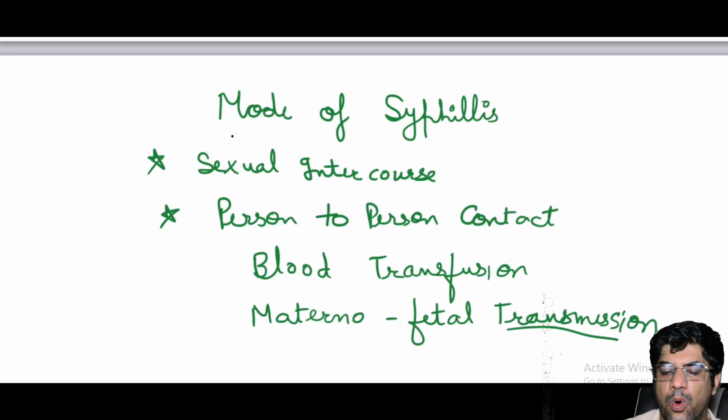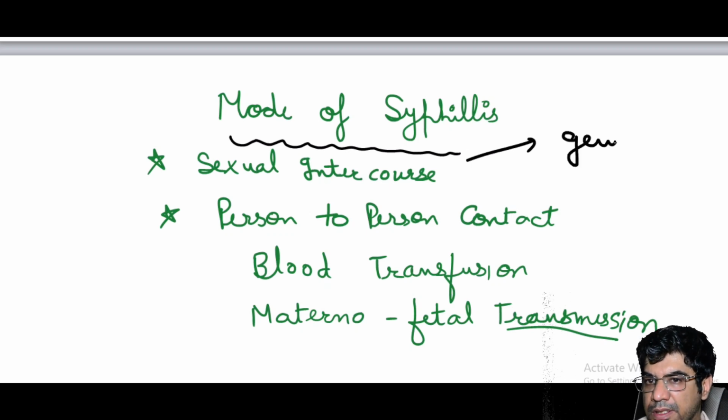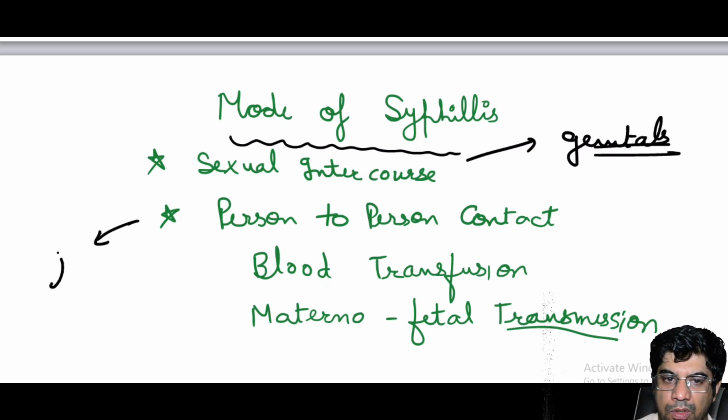Now let us discuss the mode of transmission of syphilis. Syphilis can be transmitted through various routes. One is the sexual intercourse route that could lead to lesion on the genitals. Or intimate person to person contact leading to the lesion on the lips, tongue and fingers.